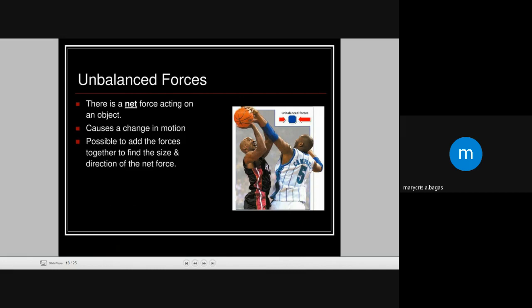It's obvious that he's exerting more force than the black jersey player. This causes a change in motion. It is possible to add the forces together to find the size and direction of the net force.